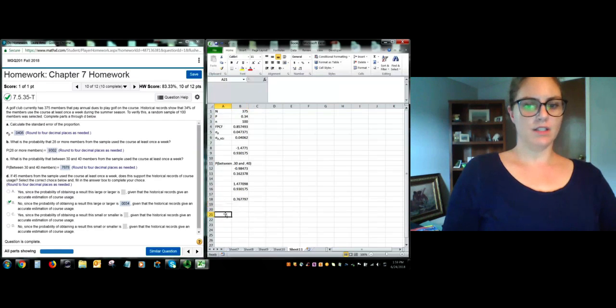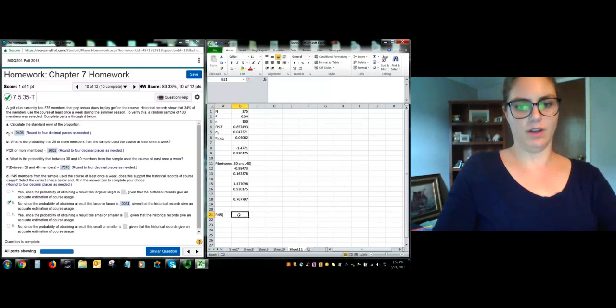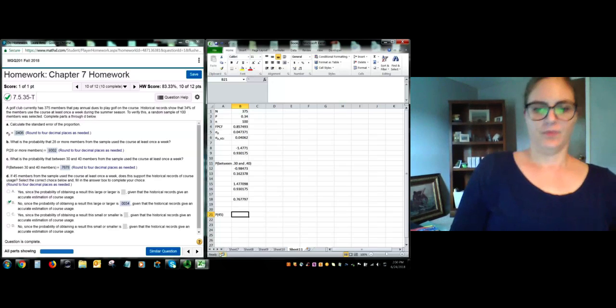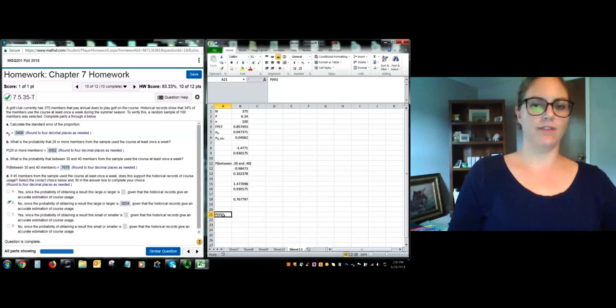So this last part is asking about 45 members from the sample. Let's find the z of that probability. You can think about this 45 as being 45 or more. It's higher than this 34%.